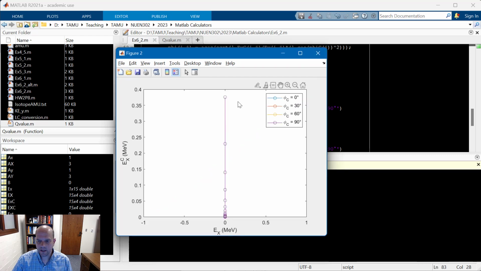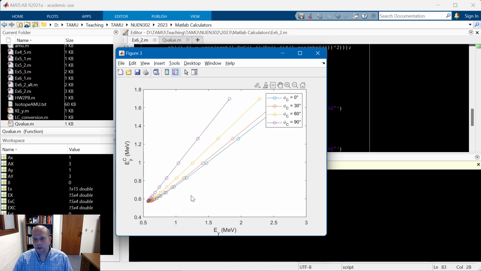And I see the same thing for E capital X, and this is one we probably didn't need to plot at all because we know that it's 0 in the lab reference frame, and so every data point here is 0, but again, it's not dependent on the angle. But now as we get into Y, here's our product side. We have EY in the lab reference frame versus the values in the center of mass reference frame.